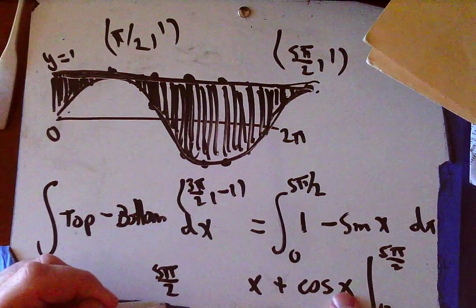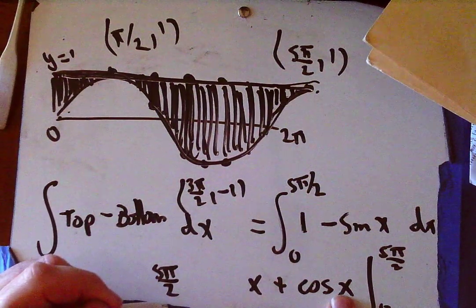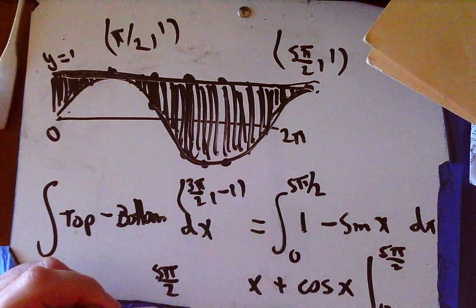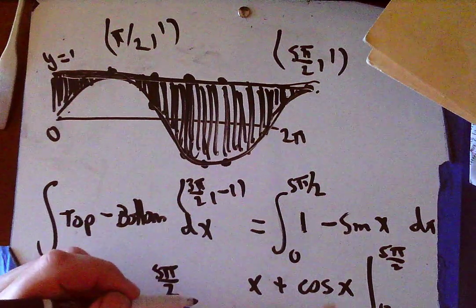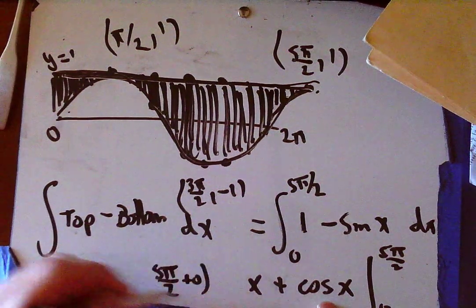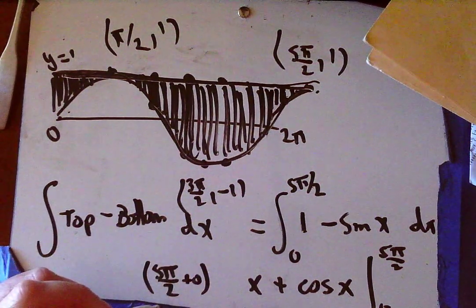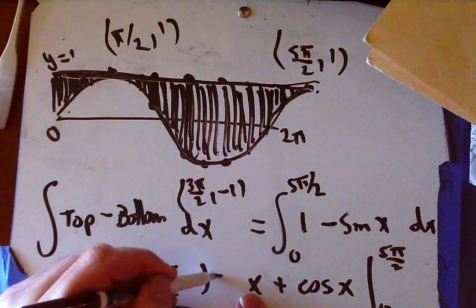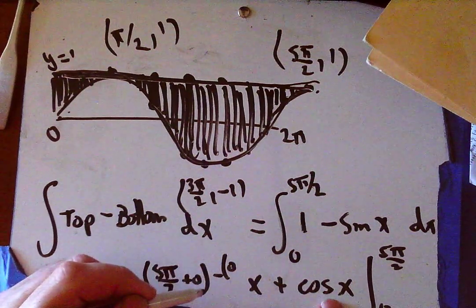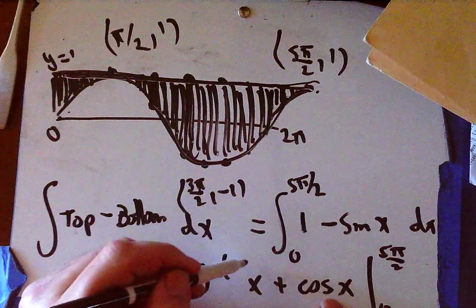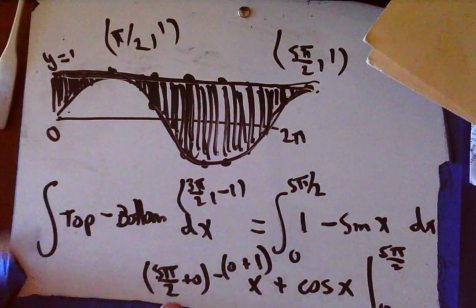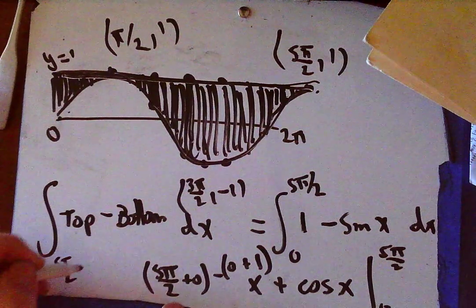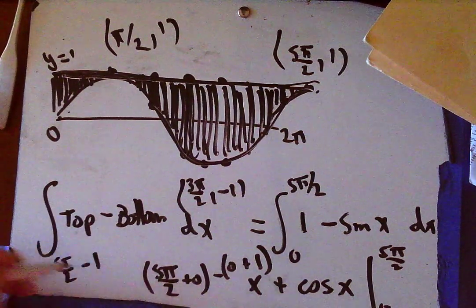And cosine of 5 pi over 2? Well, cosine of 5 pi over 2 is going to be 0. Plus 0. Don't forget we need to subtract what happens when we plug a 0 in. If I plug a 0 in here, I get 0. There it is. Cosine of 0 is, in fact, 1. So my answer then, my total area, is 5 pi over 2 minus 1.